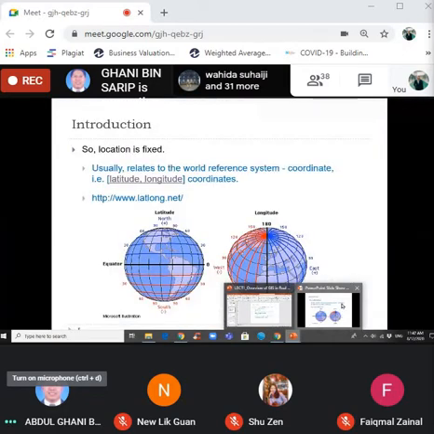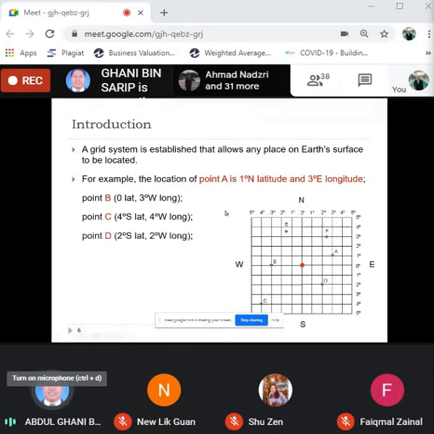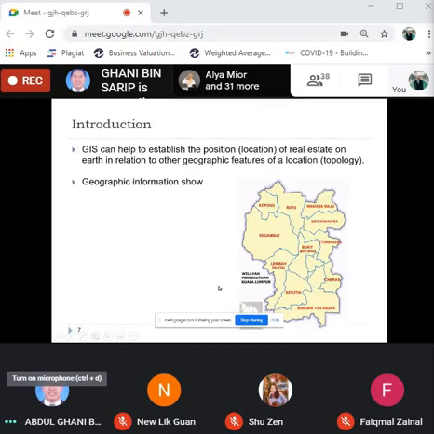From that, we could also find other locations in a specific place, like points B, C, D, E, and F. We could also tell through this grid system. And GIS can help to establish the position of a state in relation to other geographic features of a location.